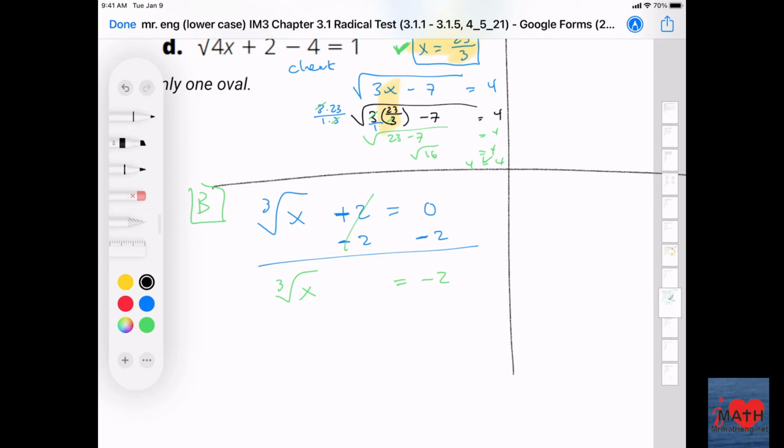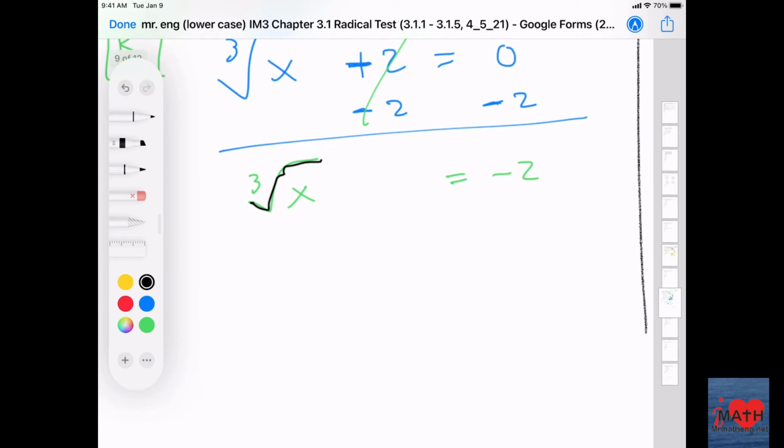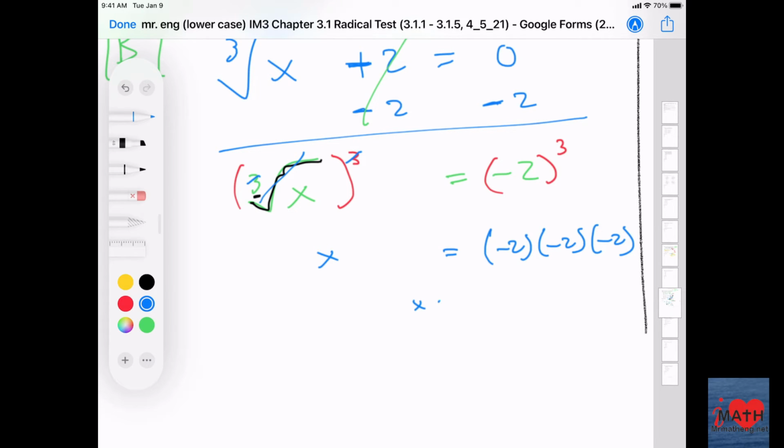And then the radical sign here is now isolated, which means I just locate the index, which is a 3, and do it to the power of 3. The 3 and the radical sign are gone, you're left with x. And this is negative 2 times negative 2 times negative 2, which is negative 8.